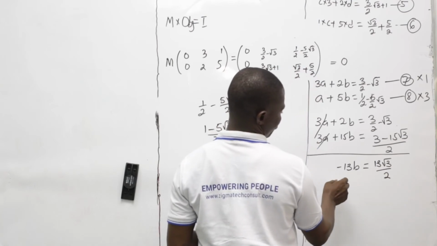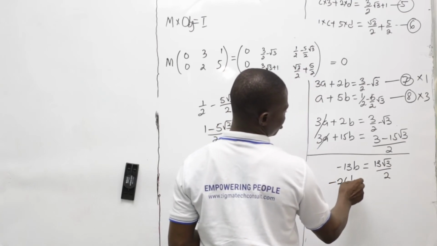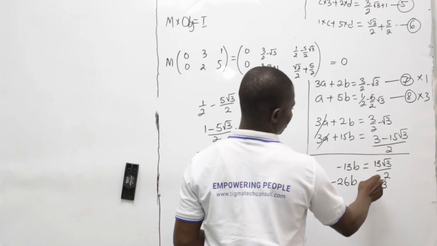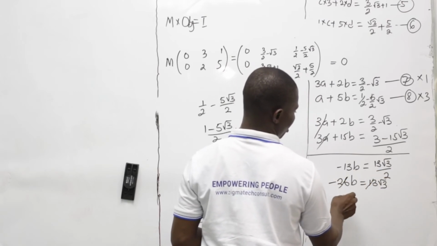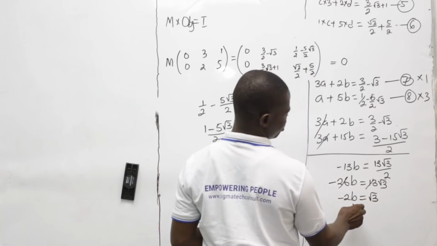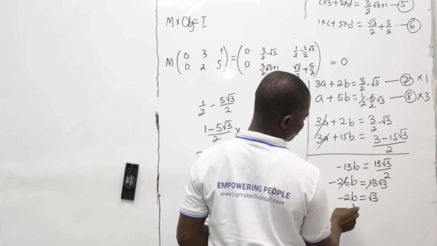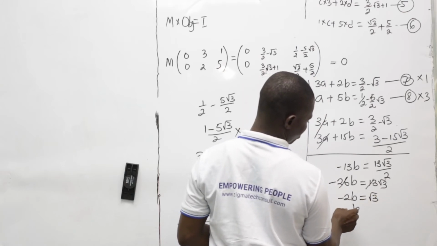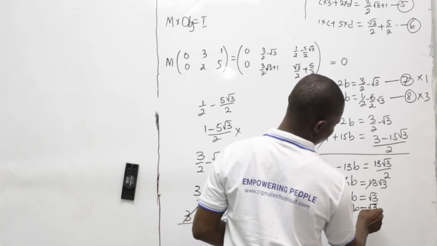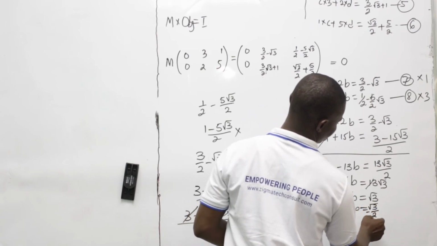I'll cross multiply, minus 26b equals 13√3. 13 here, minus 2b equals √3. So that b, when divided through by minus 2, will give us √3 all over minus 2.